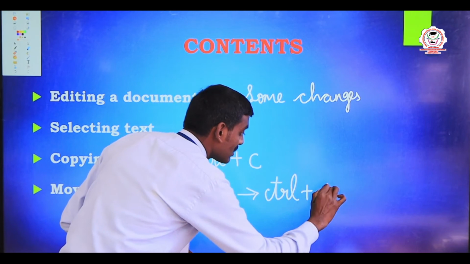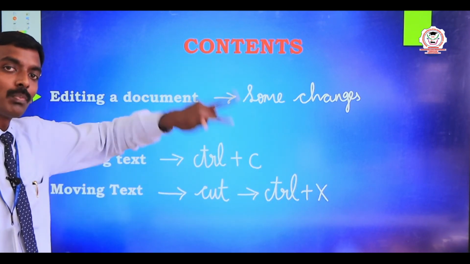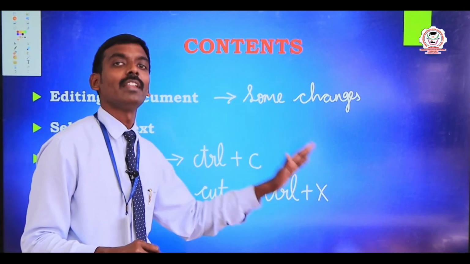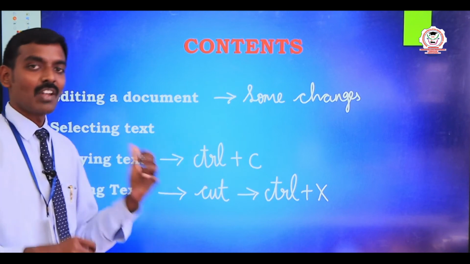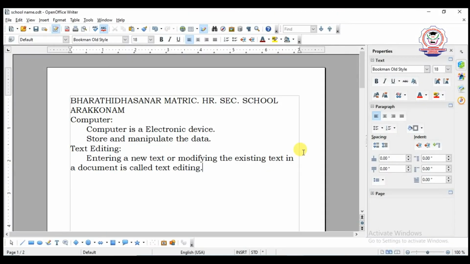Control plus X. Copy means it should be present in both the source place and the destination place, and moving a text means it should be present only in the destination place. These concepts are discussed now practically. Now we are going to see editing a text, selecting a text, copying a text, and moving a text in a practical manner.